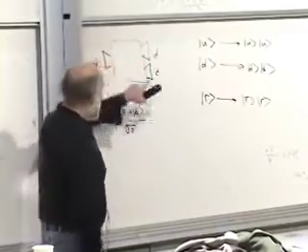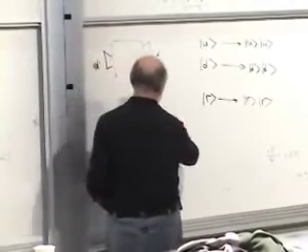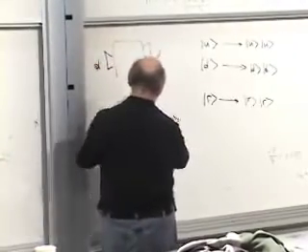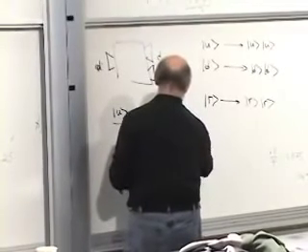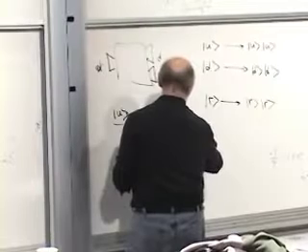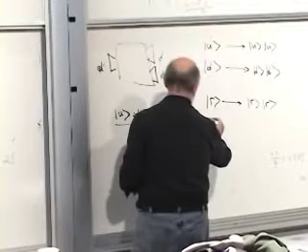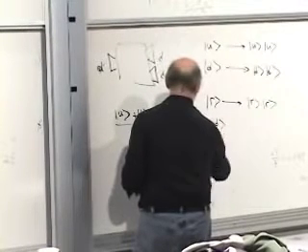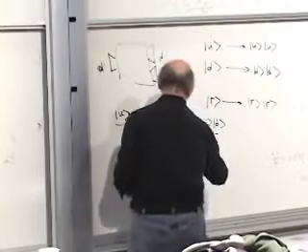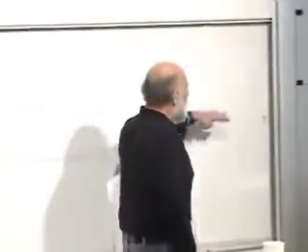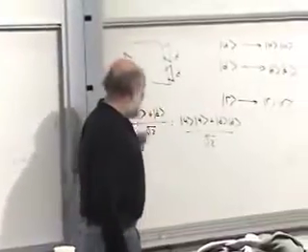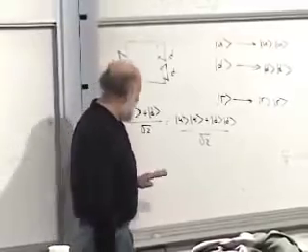If I put in up, I get up, up. If I put in down, I get down, down, over square root of 2. So the linearity of quantum mechanics, the fact that the evolution of states is linear, already tells me what I get if I put in up plus down. I don't have any choice.